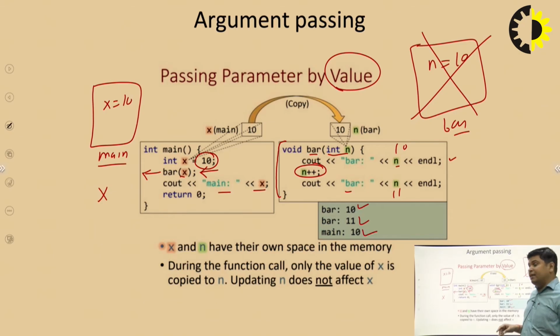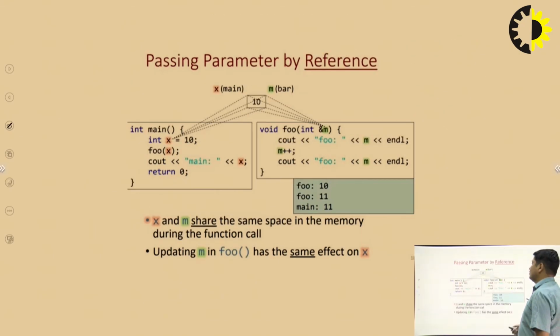The second way of calling is call by reference. In that case, what we have done, we have created a single memory and just passed the address of a particular memory. In that scenario, what will happen?